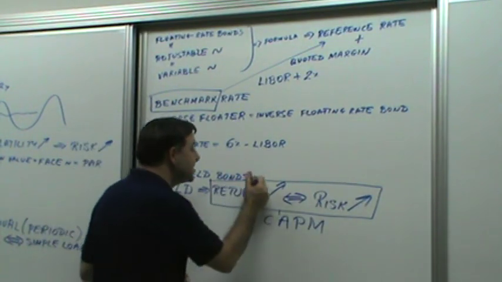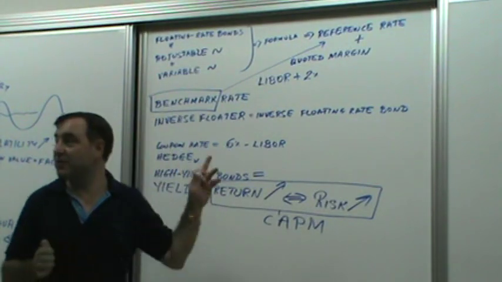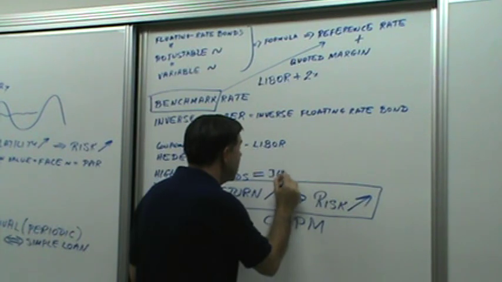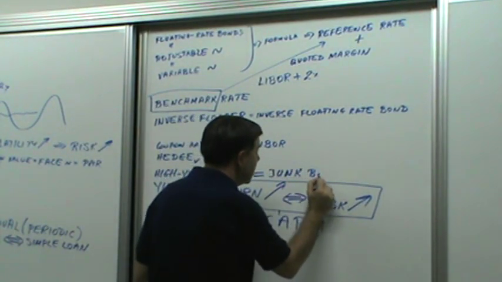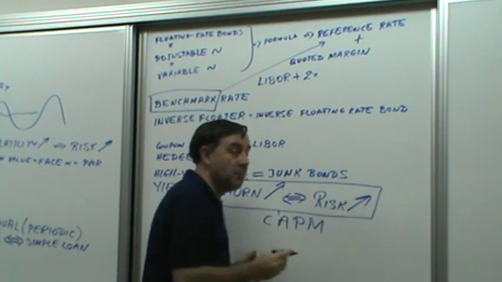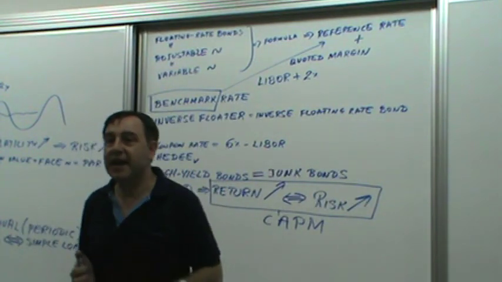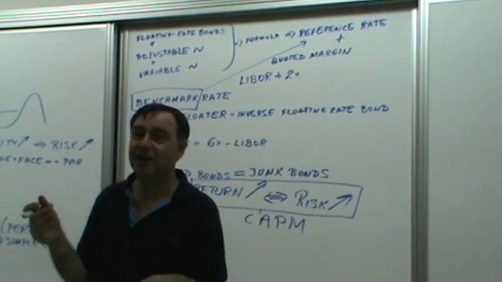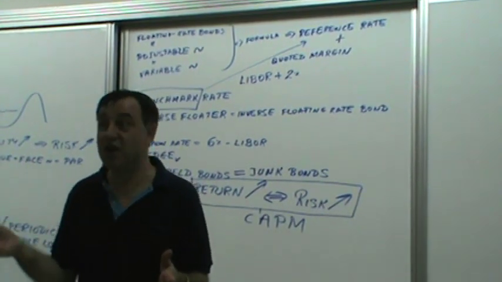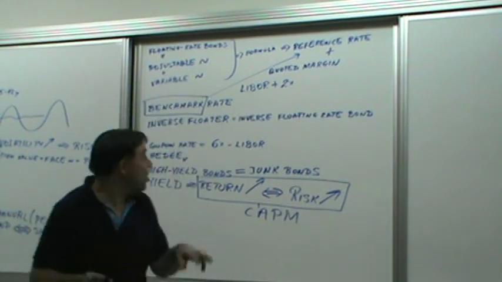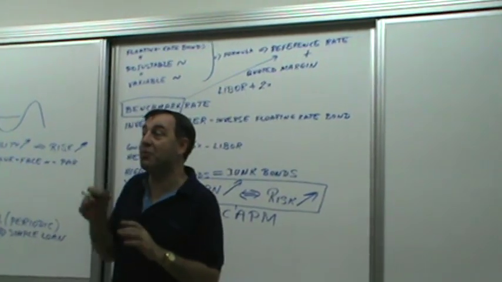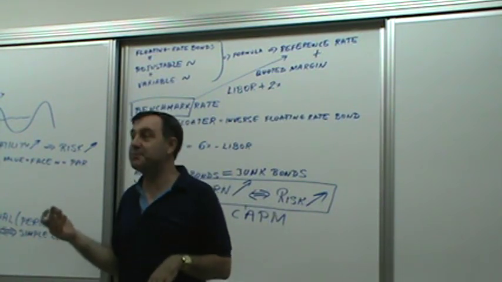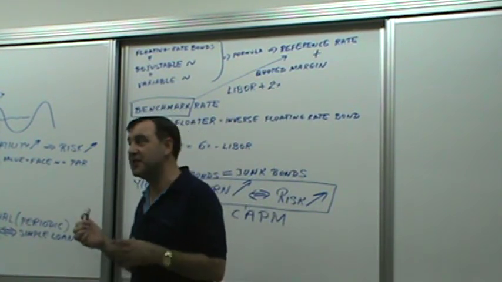And high yield bonds, back to what I was explaining a few minutes ago, are the same as junk bonds. Okay? And again, people understand intuitively junk bonds are usually junk, garbage. They usually are very high risk. So a high yield bond is a misnomer. It intends to mislead the investor, especially the unsophisticated investors.